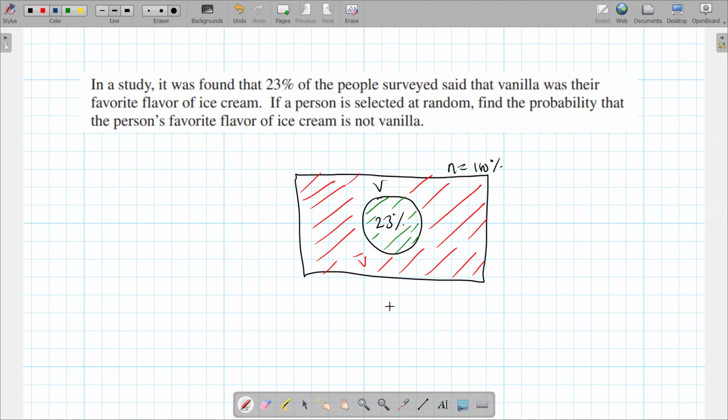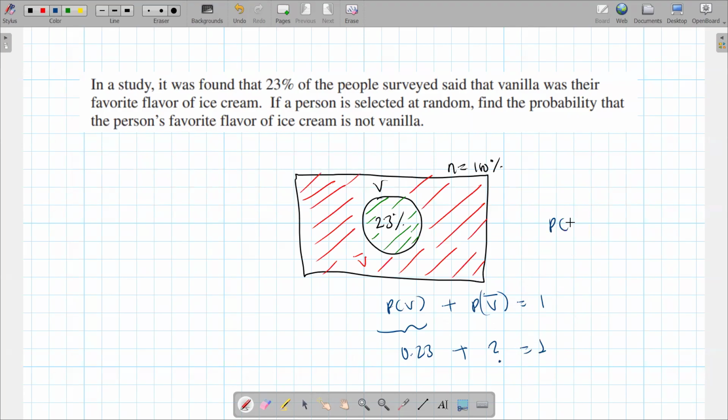So the probability of V plus the probability of V bar always adds up to 100 or 1, if you want to think about it in terms of probabilities and not percentages. The probability of vanilla is 0.23. The probability of V bar, we don't know. That's our unknown. Equal to 1, right?